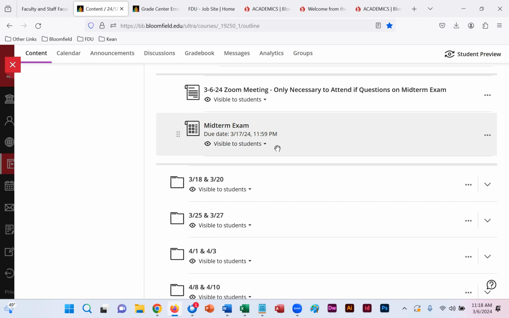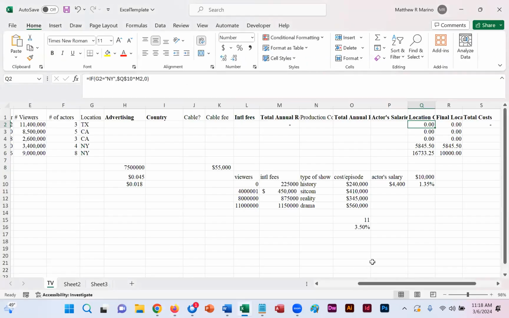Professor, for the annual production, for the second to last one, the location cost I'm getting is 8,000 something. So my annual production is wrong. Yes. The total annual revenue, not the total annual payments. The total annual payments is associated with the production cost.